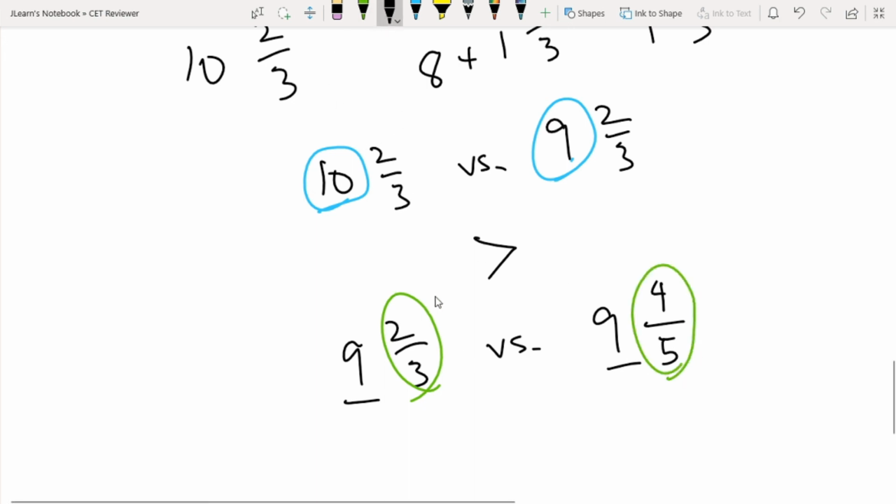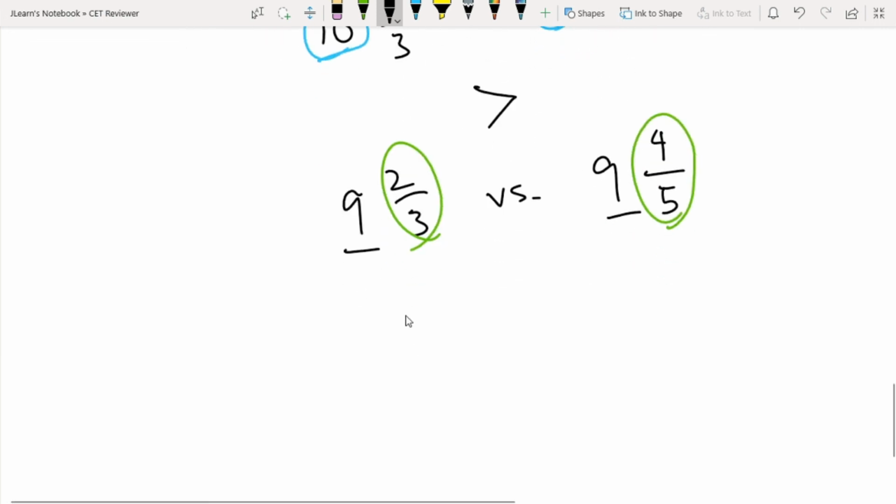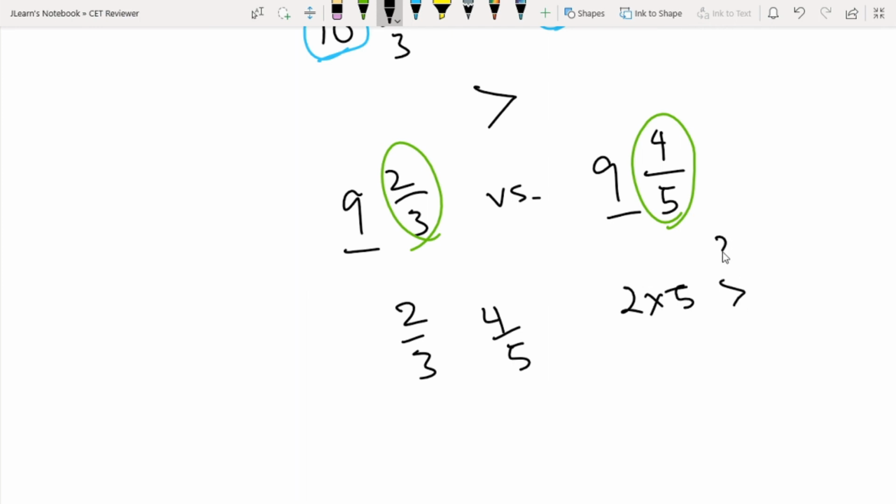So you can do that by using yung technique natin kanina. So yung 2/3 and 4/5, you multiply A and D, so 2 times 5. Greater than ba siya ng 3 times 4? So 10 is not greater than 12, so you know na 4/5 is greater than 2/3. Okay, so dito, so 9 and 2/3 versus 9 and 4/5, mas malaki yung 9 and 4/5.